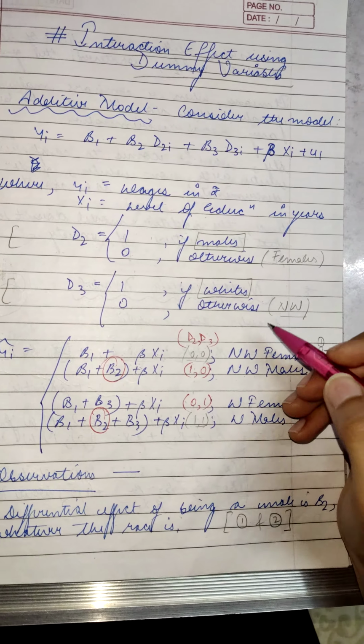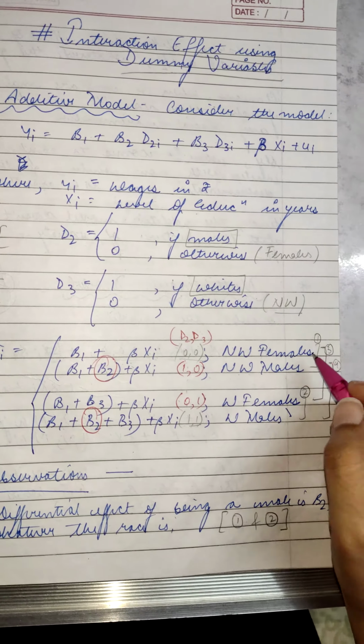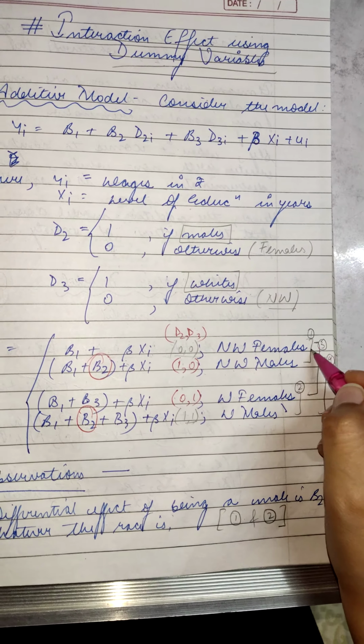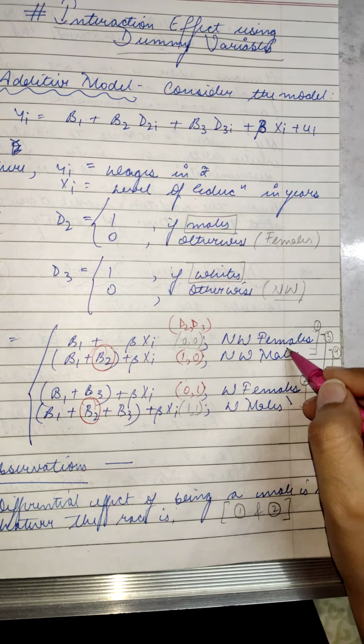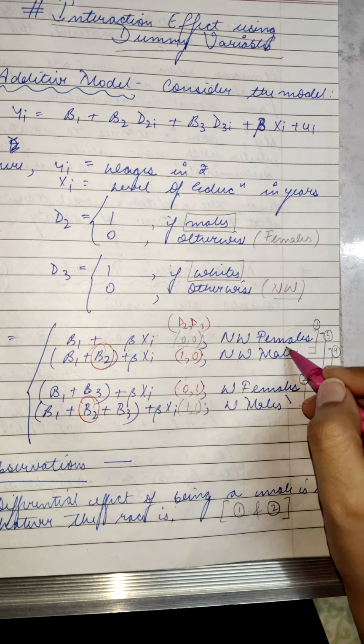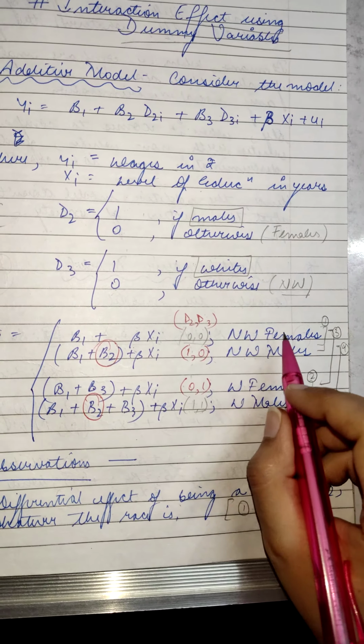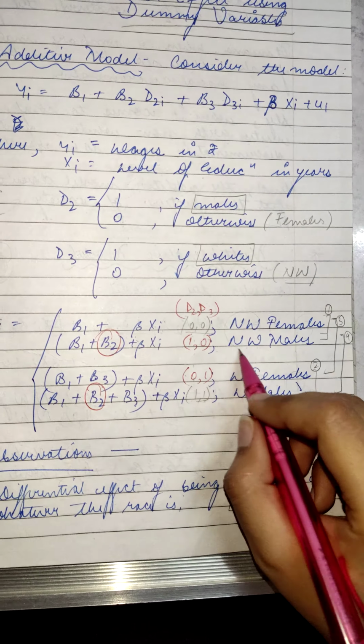See, you have to make the interpretations in the fashion as I have marked here. Step 1 is comparing the top 2 categories. Step 2 is comparing the bottom 2 categories. Step 3 is comparing first and third. Step 4 is comparing second and fourth. Basically, firstly you have to compare females and males for non-whites.